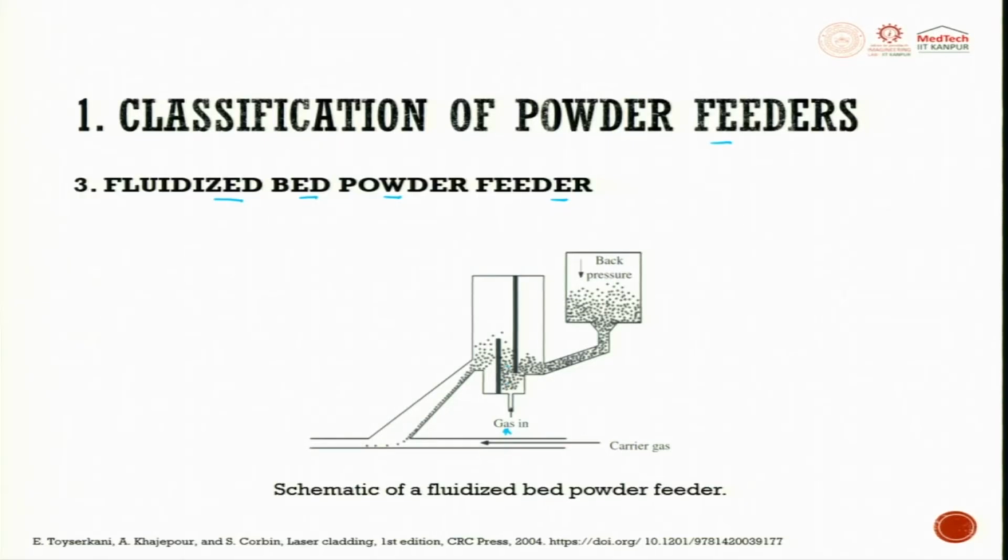This will inject gas, and you allow the metal powders to pass through this stopping and enter through the hopper. Through the hopper or through the orifice, it comes and deposits onto a plate or a substrate, and you can see carrier gas is also fed here, so that the powder can move along with the carrier gas. So, fluidized bed gives a more controlled fashion of powder feeding.